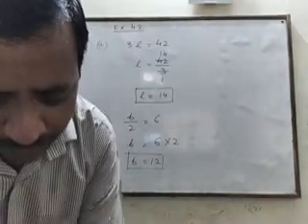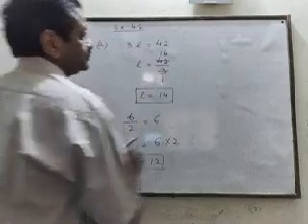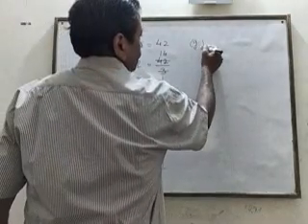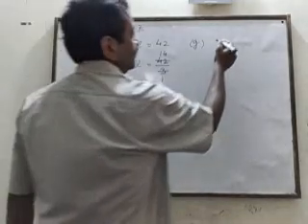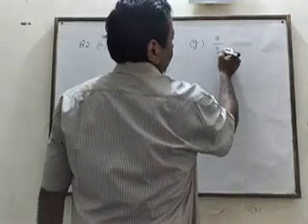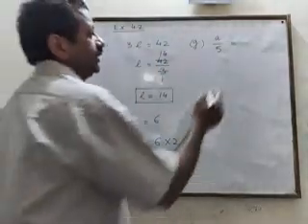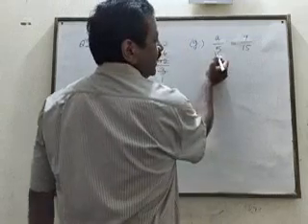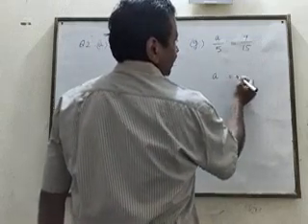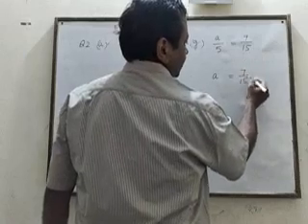Similarly, you can do the G part. Here it is written a upon 5 equal to 7 upon 15. So it is dividing here, so a will be here. Shift this 5 to that side, and it will multiply over there.